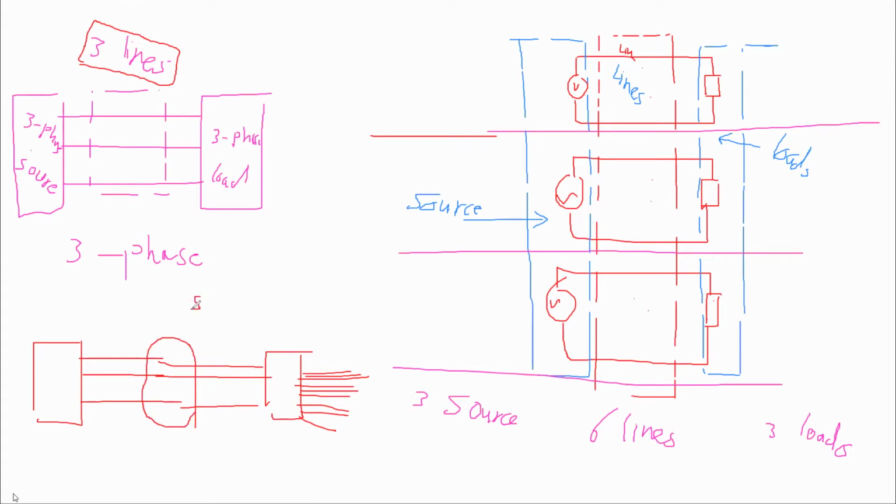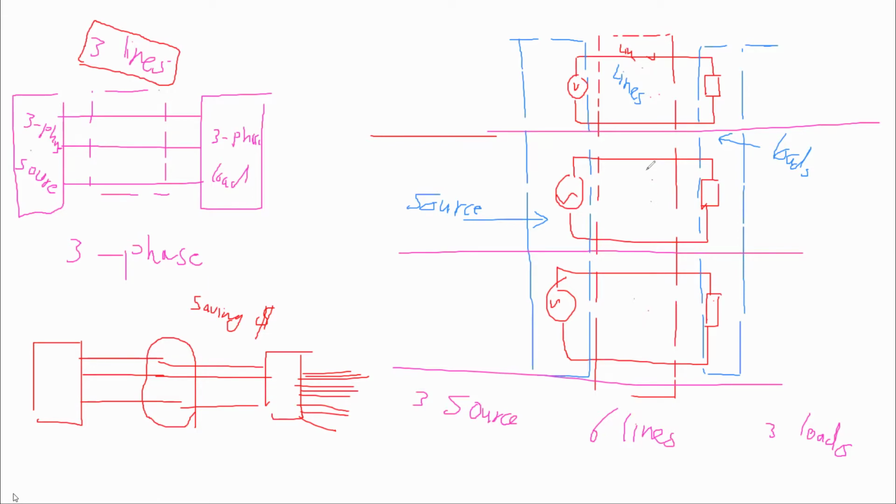So I'm saving money because I'm not using 6 wires. I'm saving on efficiency because I don't lose a lot of power in the transmission lines. I only have 3 wires. And if I'm going to use the single-phase system to do the same thing, I'm going to lose more material.